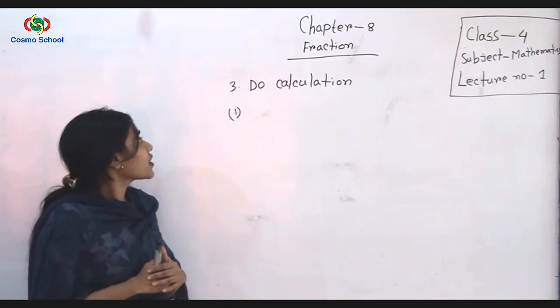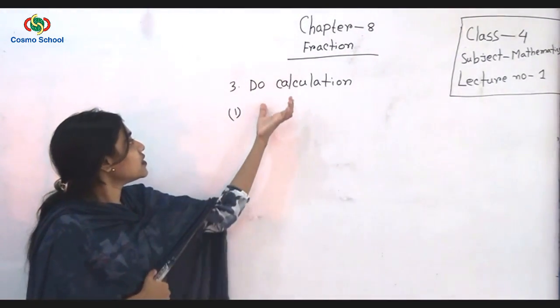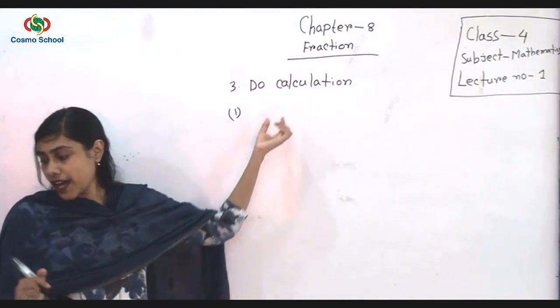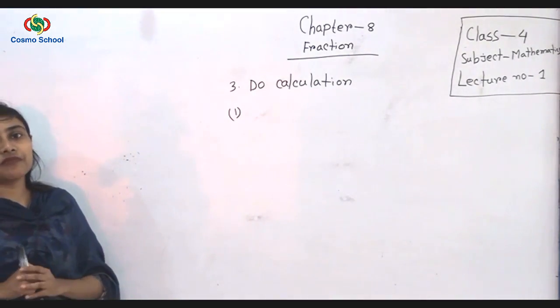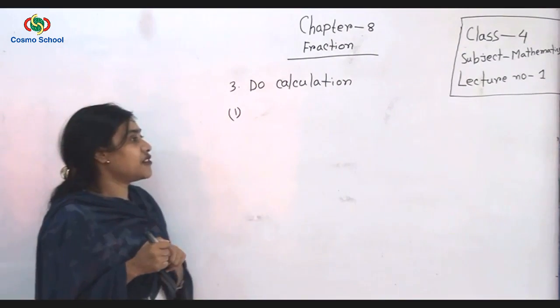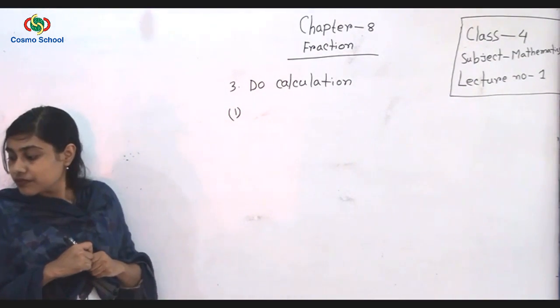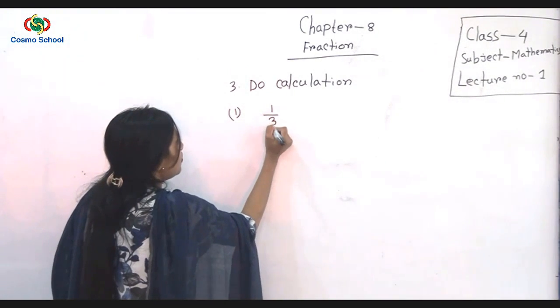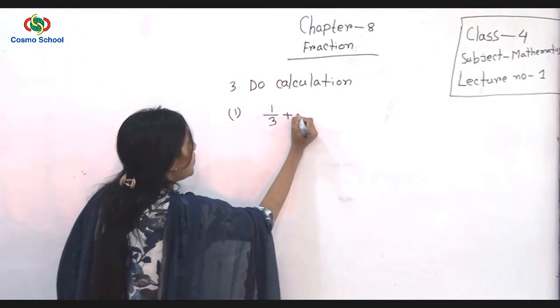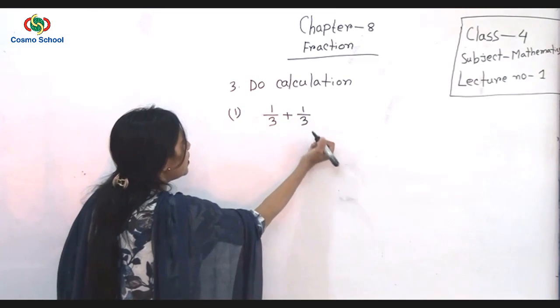Question number 3. Do calculation. In this section, I will try to understand some addition and some subtraction. At first, I will try to understand addition. 1 divided by 3 plus 1 divided by 3.